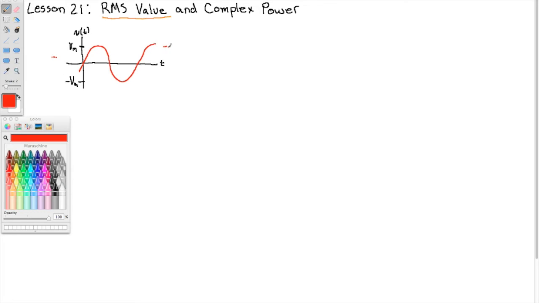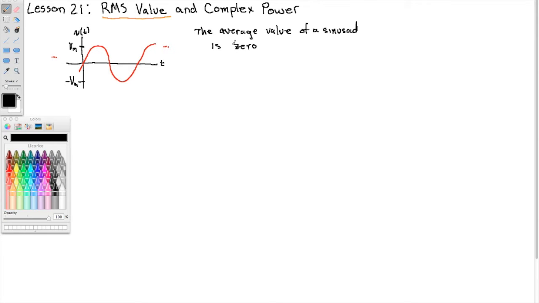The average value of a sinusoid is, of course, 0, right? Because it's positive as much as it is negative. So yeah, it's 0. So the average value really doesn't tell us much in terms of how much power that thing is carrying or how much power that thing's going to be supplying.